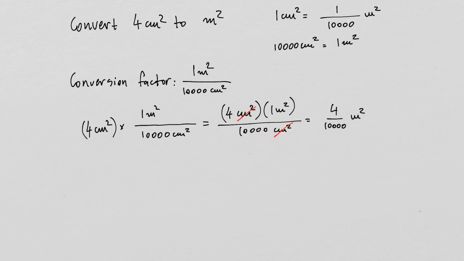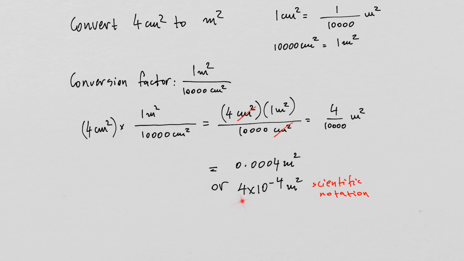The square centimeter units cancel out, and what's left is 4 divided by 10,000. The new units will be square meters. So when you calculate that, that is equal to 0.004 square meters, or in scientific notation, 4 times 10 to the negative 4th square meters.